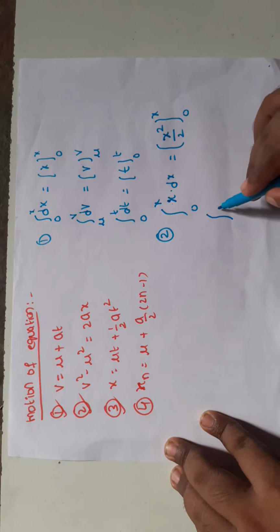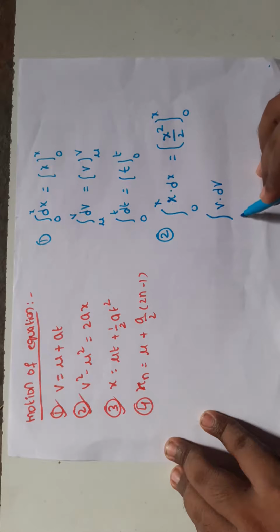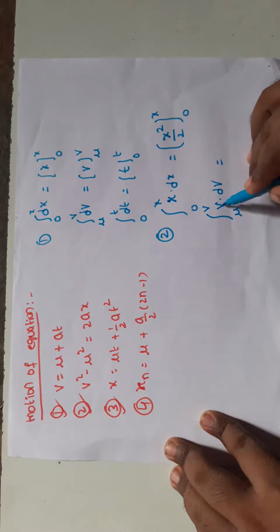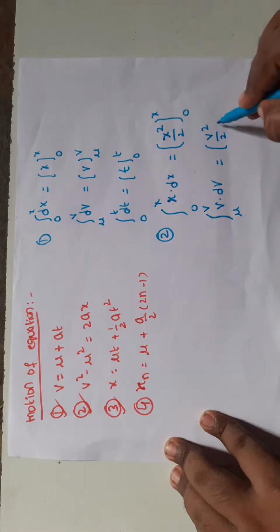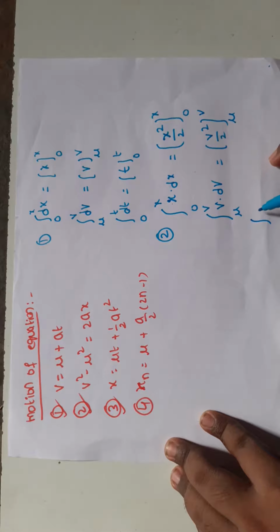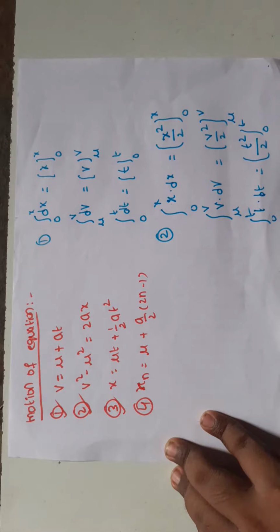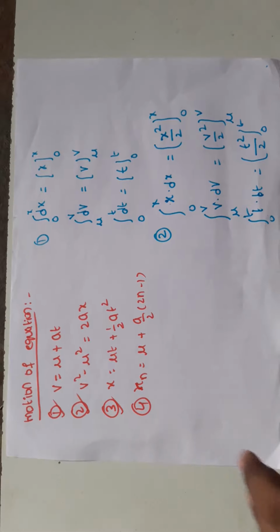Similarly, the integral of v into dv, where velocity changes from u to v, equals v square by 2 with limits u to v. Next, the integral of t into dt equal to t square by 2, with limits 0 to t. Very important, please remember these integral formulas. If you have forgotten these formulas, the derivation is very difficult.